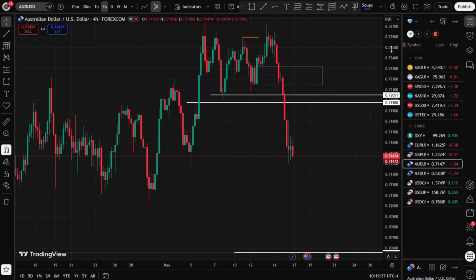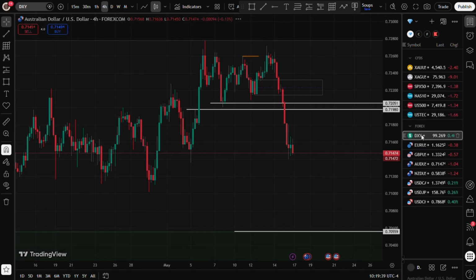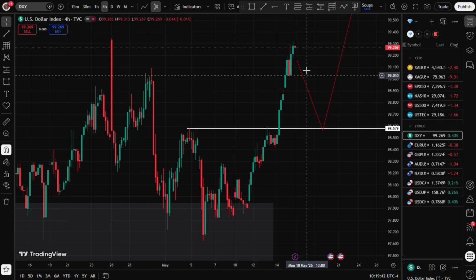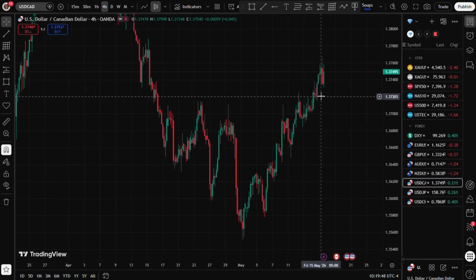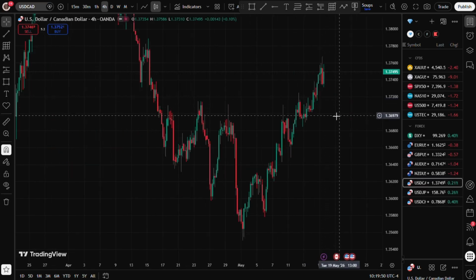So practically that approach on DXY, which is us looking for a retracement and a bullish expansion, means that on USD CAD, USD JPY and USD CHF we'll be looking for the same sort of retracement and expansion.